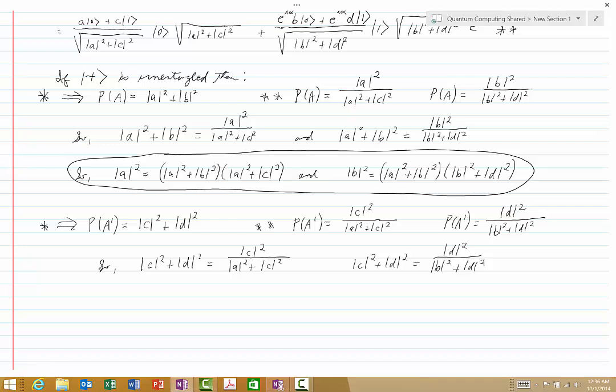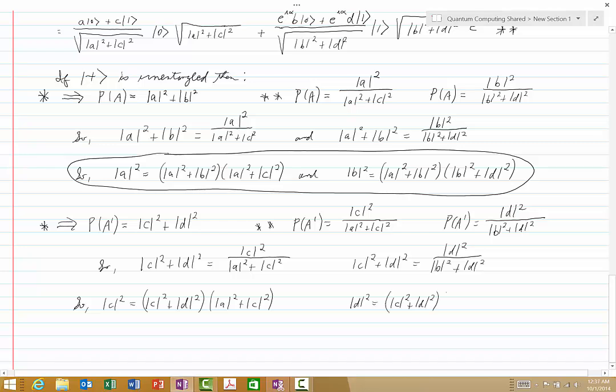And once again, let's rewrite those two expressions. So the magnitude of c squared is equal to the magnitude of c squared plus magnitude of d squared times the magnitude of a squared plus the magnitude of c squared, and the last one becomes magnitude of d squared equals magnitude of c squared plus magnitude of d squared times the magnitude of b squared plus magnitude of d squared.